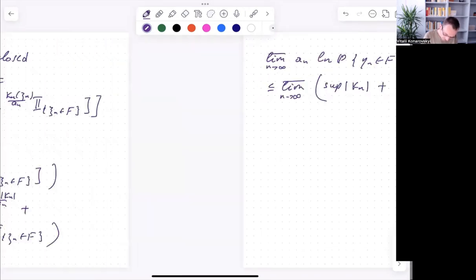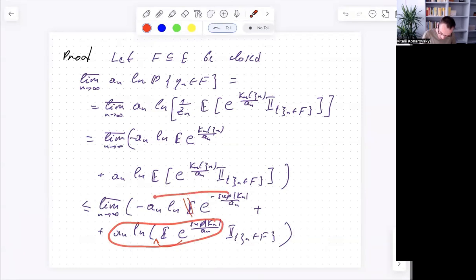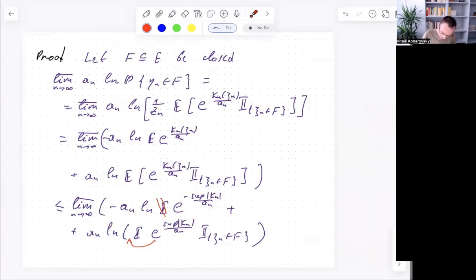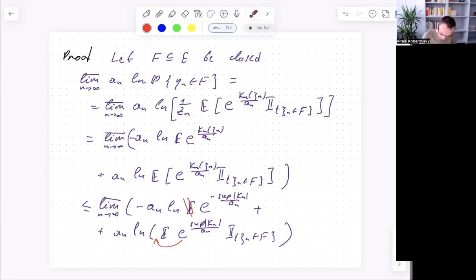Then plus. Then here you see the exponent that you put here, and you have the logarithm of a product. Therefore, you can split that into the sum of two logarithms. And for the first logarithm, you have a similar situation as you had here. So therefore, also it will be plus supremum of Kn. And then it remains only an logarithm of the expectation of the indicator. But the expectation of the indicator is a probability.